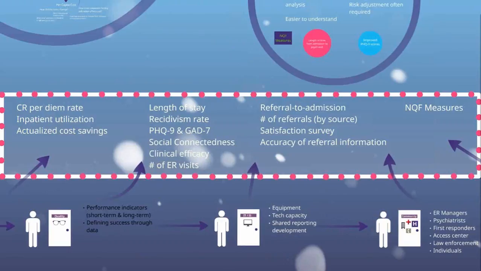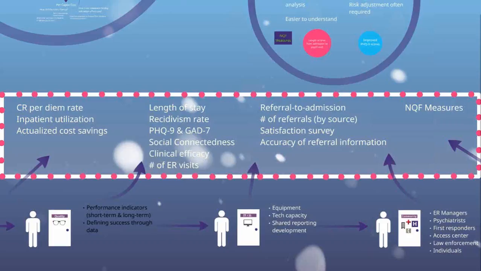So some examples of data that can be collected during this process are the crisis residential per diem rate. Finance is going to have an idea of what this is going to cost, or what the charge needs to be in order for this to be a sustainable service. And the per diem rate, just like many of these other data points, in and of itself is not so valuable.